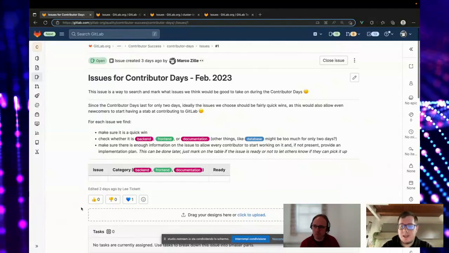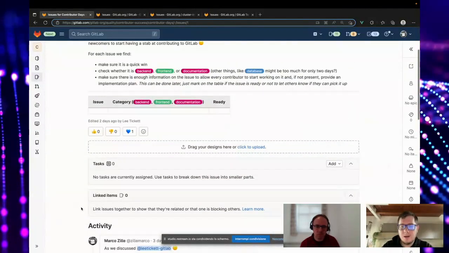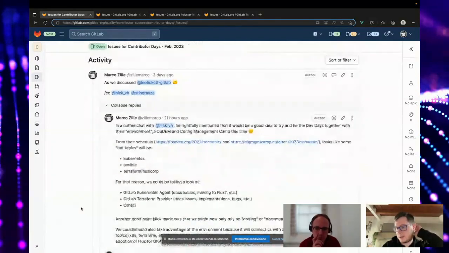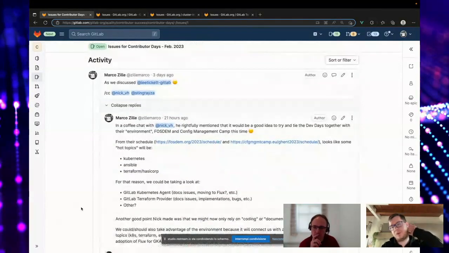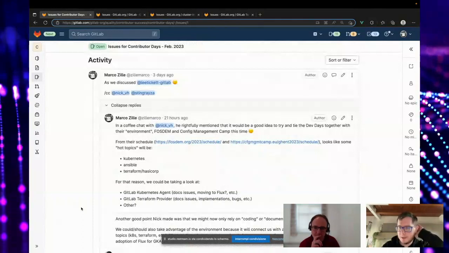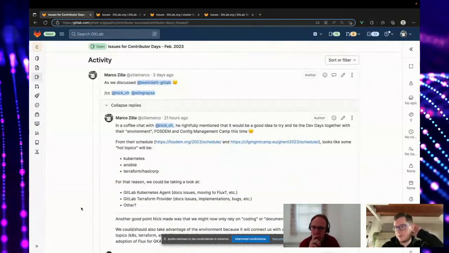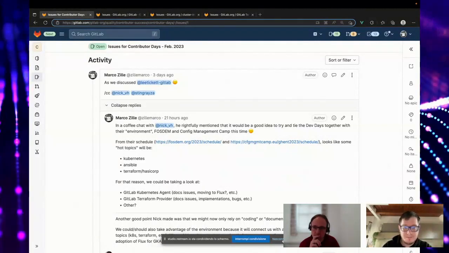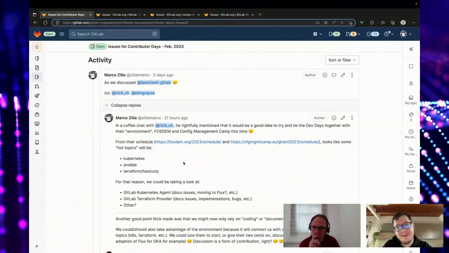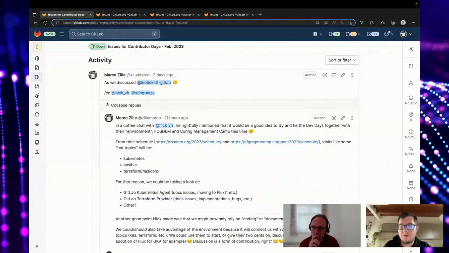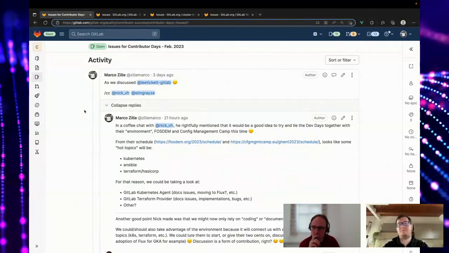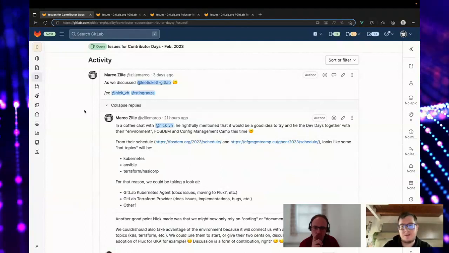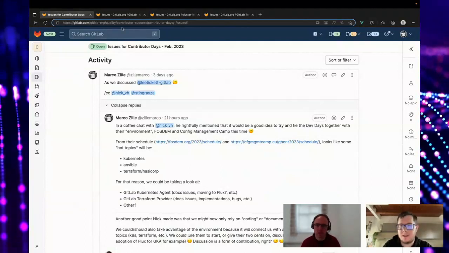But yesterday I had a coffee chat with Nick, and he rightfully said that since the contributor days are taking place during FOSDEM and config management camp, there will be a lot of people with interests in those topics. So yeah, it would be a good idea to also pick some issues from, for example, GitLab Agent Kubernetes or Terraform Provider and that kind of stuff.